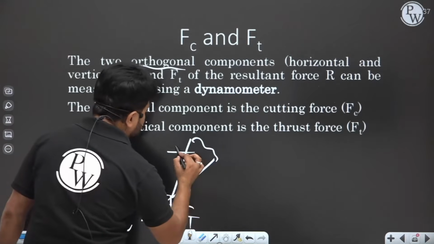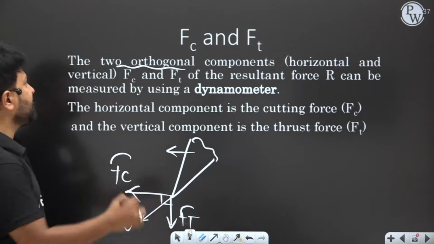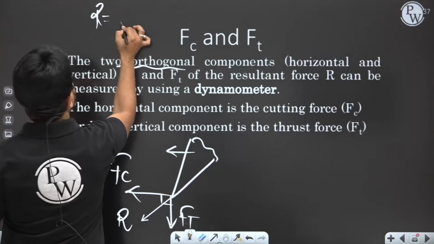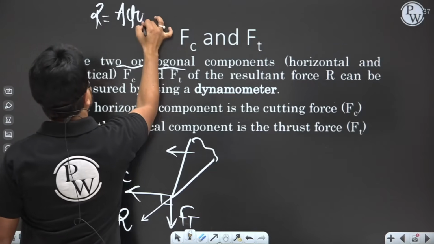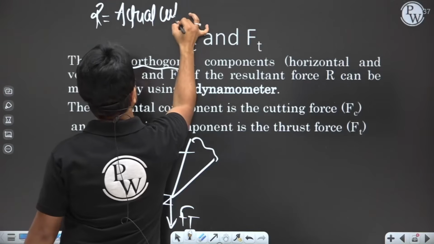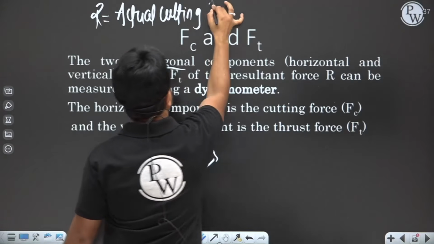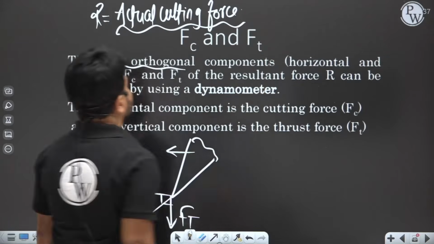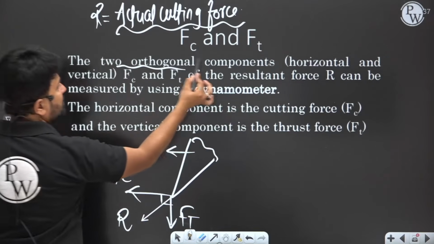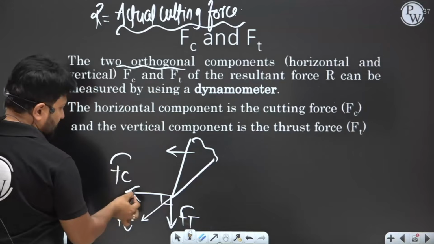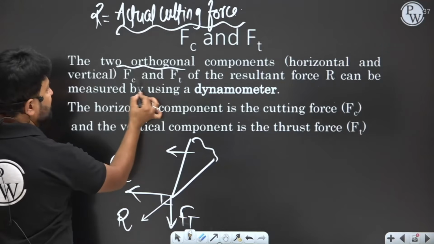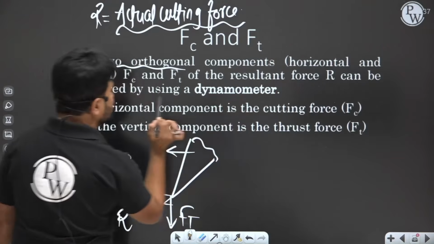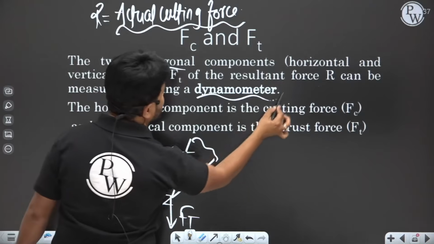These are the two orthogonal components of the actual cutting force R. R is the actual cutting force. So the two orthogonal components, horizontal and vertical, that is Fc and Ft, of the resultant force R can be measured by using a dynamometer.